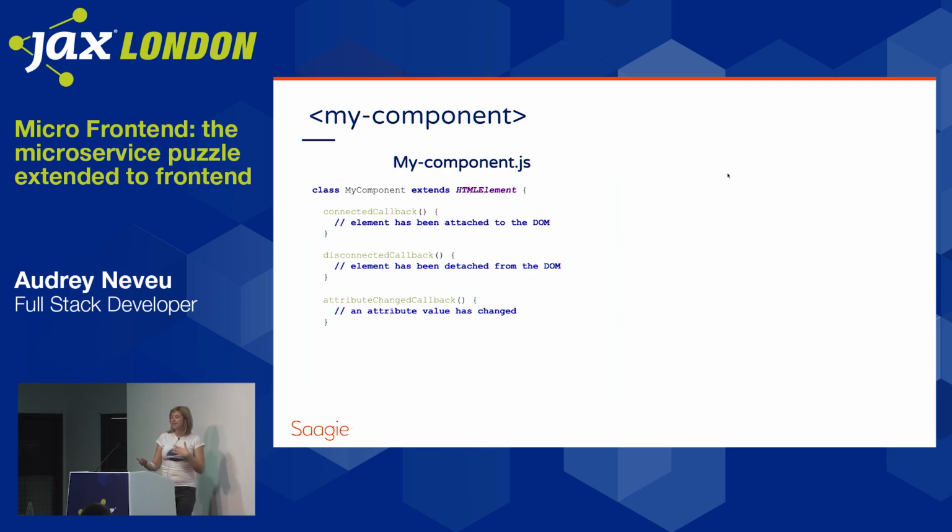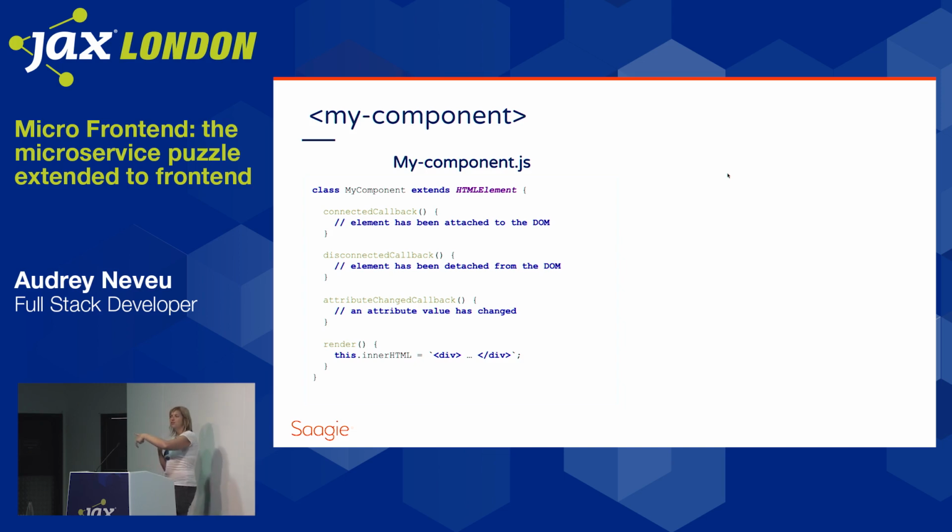And then something that is not in the specification, but that you will see quite often, usually we declare a render method, because what we are supposed to do is to declare our component markup in the constructor, but then each time we need to update one of its tags, because the color attribute has been changed, so we need to change the color of the label, we're going to redeclare our markup in the attributeChangedCallback.